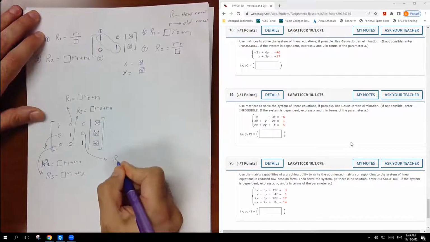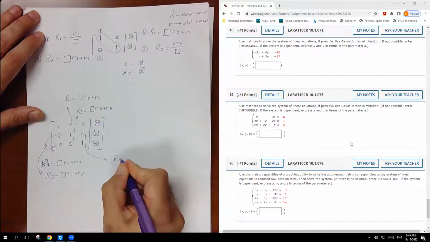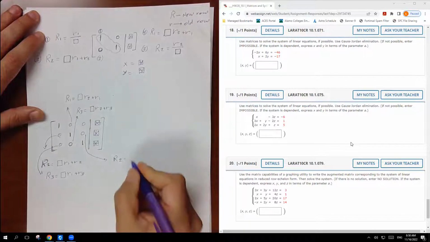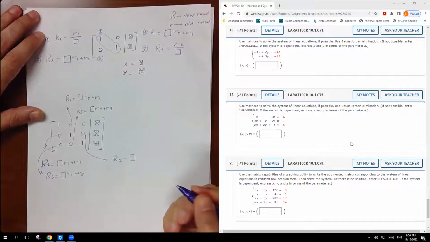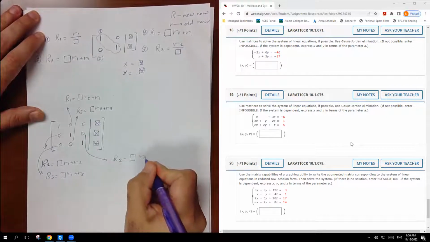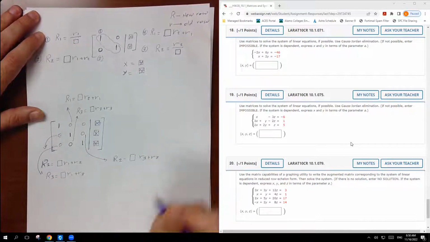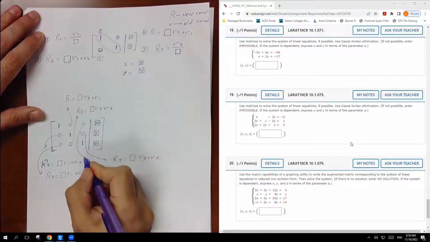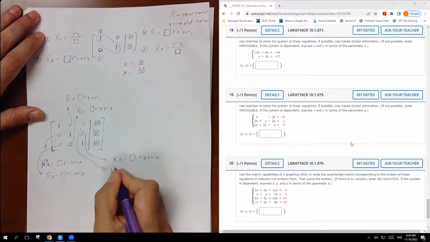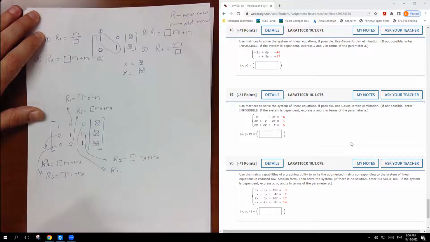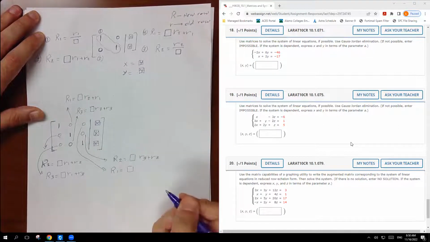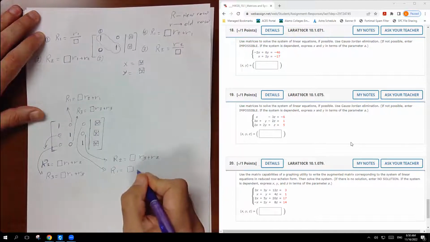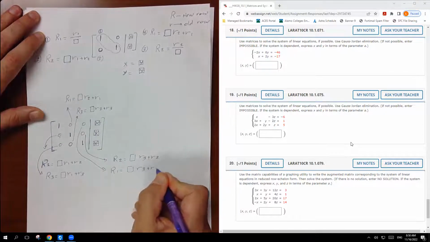You're going to get a new R2 by multiplying R3 and add it to R2. And this number for this location is going to be R1, you're going to say R3 plus R1.